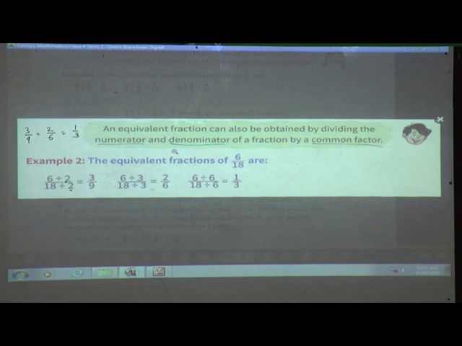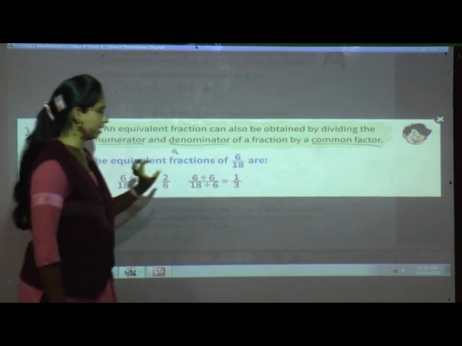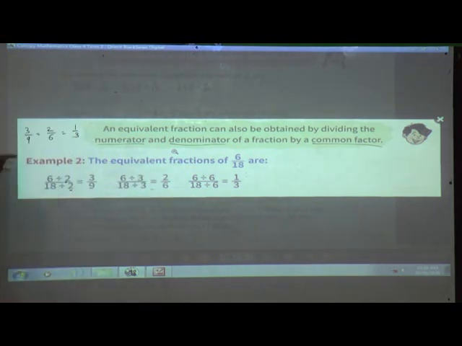Why are they equivalent fractions, students? Tell me why. Because equivalent fractions are the fractions that have the same value. See, same value, 6 by 18, 6 by 18, 6 by 18, but the numerators and denominators are different. Got it? So what have we studied now?